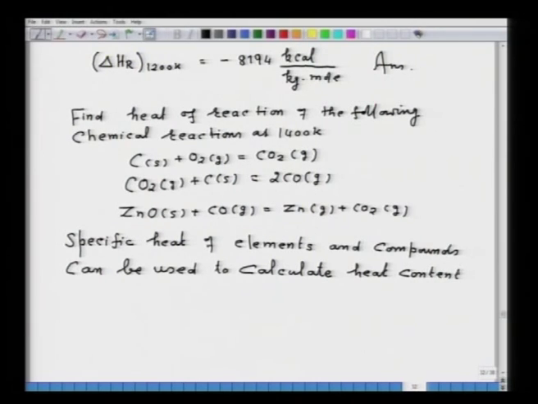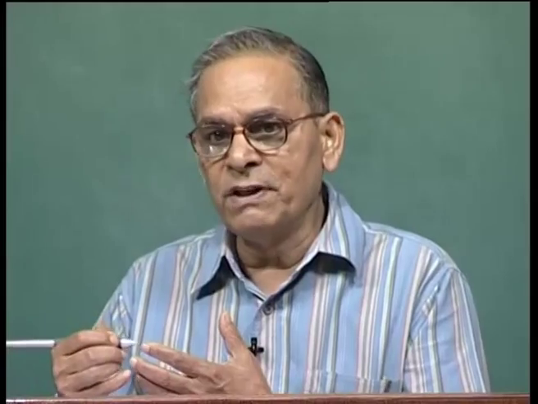The table does not give the values at all temperatures; it starts 200, 400, 800, 900. If you want to calculate in between, what will you do? For that you can use the value of Cp.